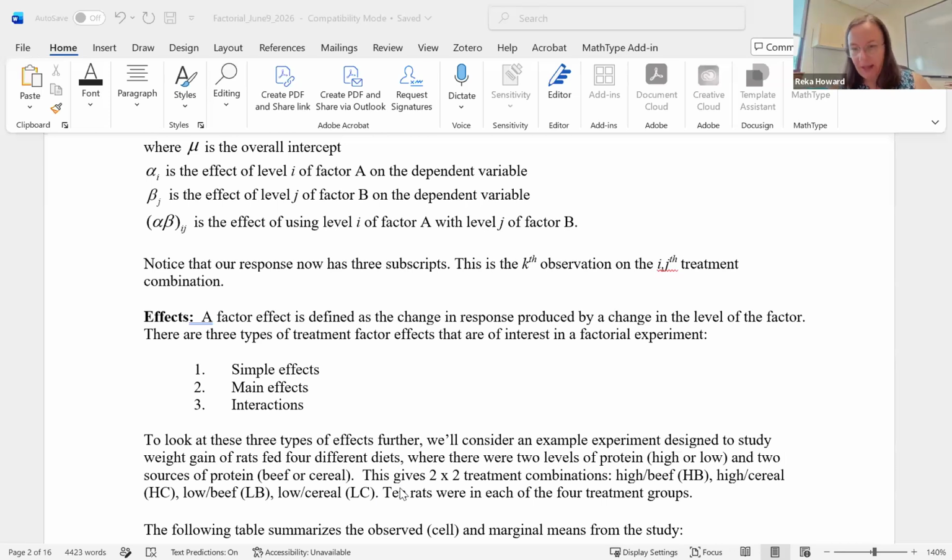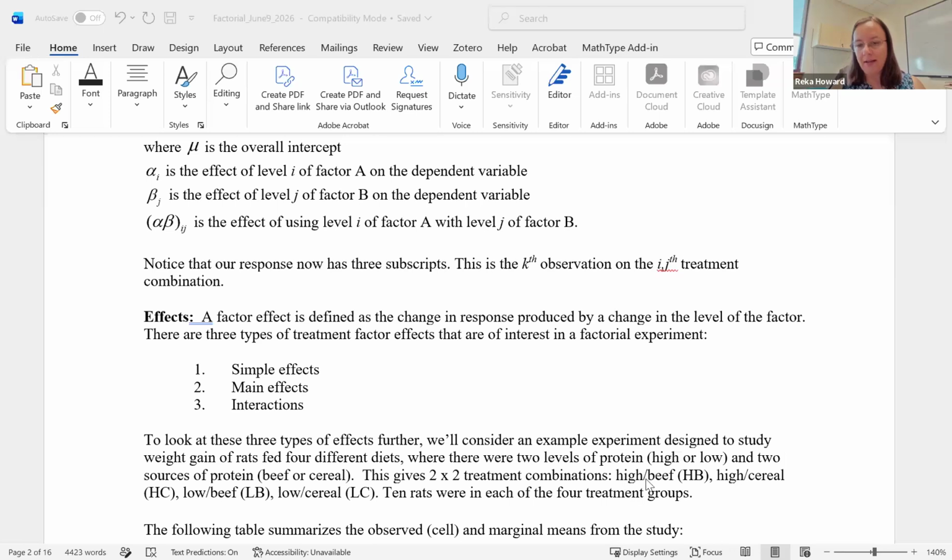Let's say that we have a study and we want to look at the weight gain of rats. And let's say that we have four different diets, designed with two different levels of protein, high and low, and then two sources of protein, beef and cereal. So again, we have a 2 by 2 treatment combination.